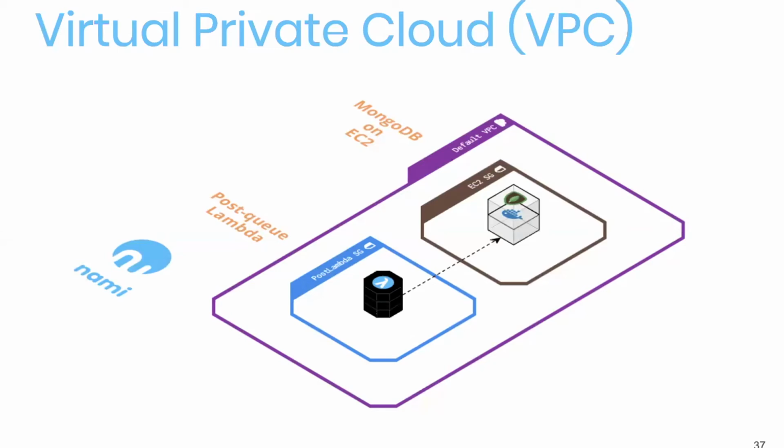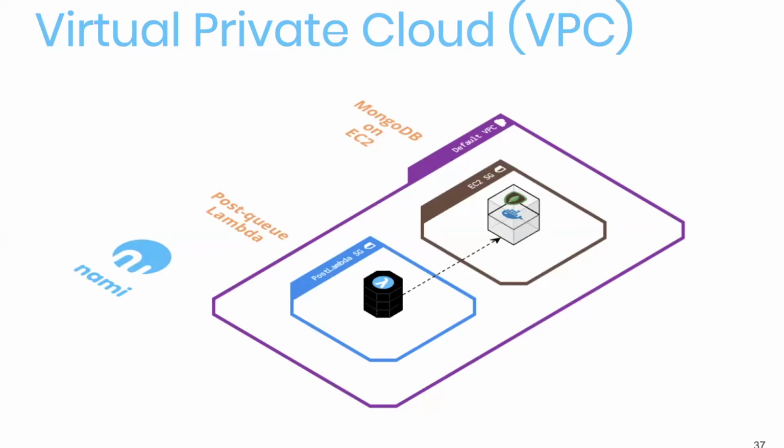Okay, so now we have our webhook receiving Lambda receiving messages from the queue and then storing those payloads in the database at a pace that we can keep up with. But we still need to make sure that that data is not accessible by public internet. And we can do that with a virtual private cloud.